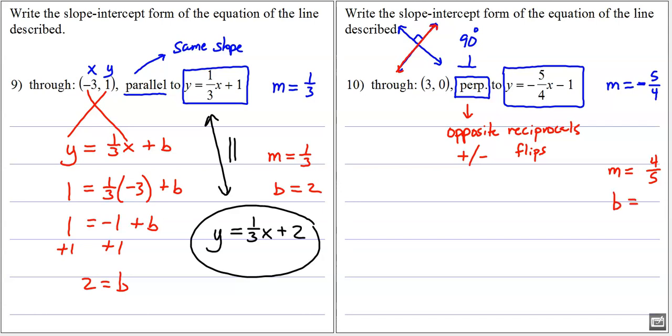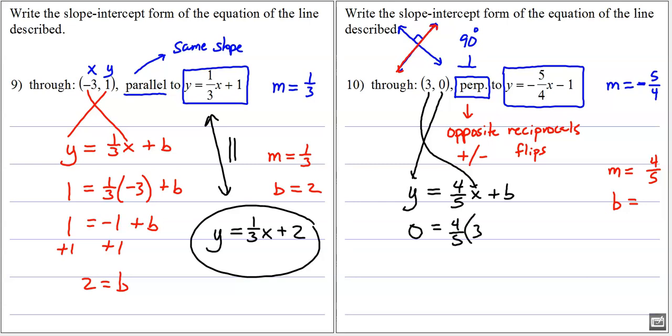I still need to find the b, so we're going to use our old solve for b method. So y equals mx plus b, and then we just substitute some numbers in. So 0 equals 4/5 times 3 plus b.